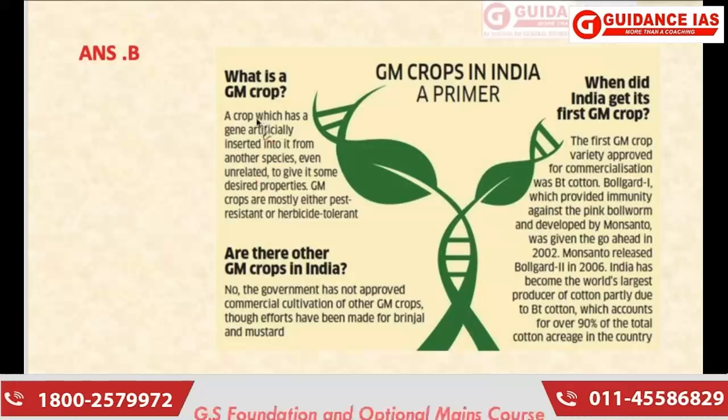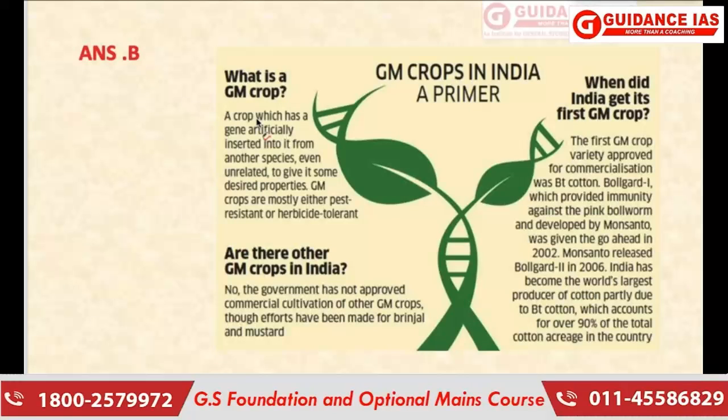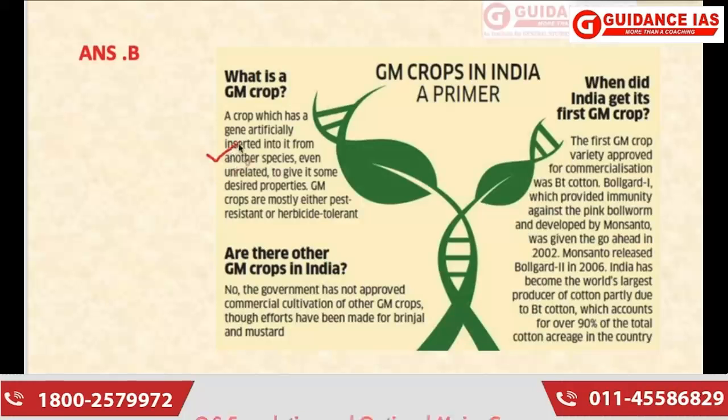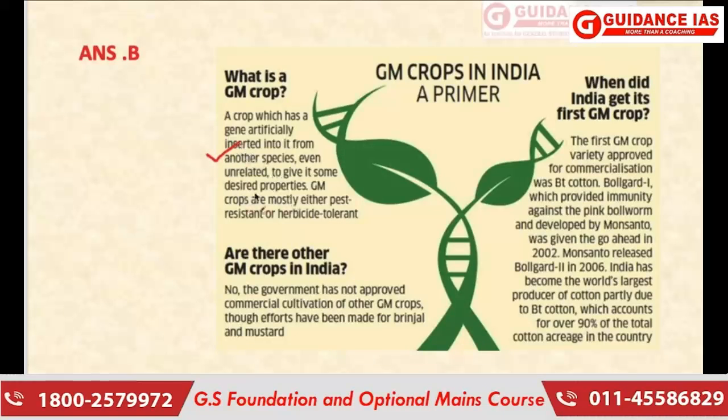Let me just simply read it out for you. A crop which has a gene artificially inserted into it from some other species, even unrelated, to give it some desired properties. In short, in easy language, genetically modified crops are basically जिनका जो DNA है, the DNA of which has been modified using genetic engineering methods. We call them genetically modified crops.